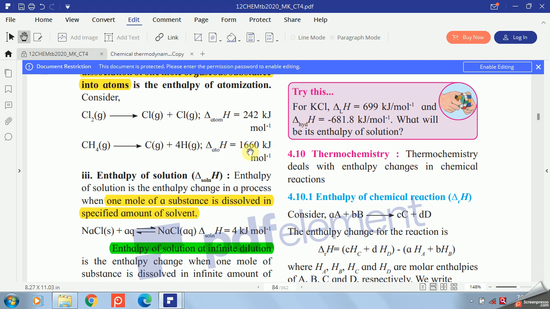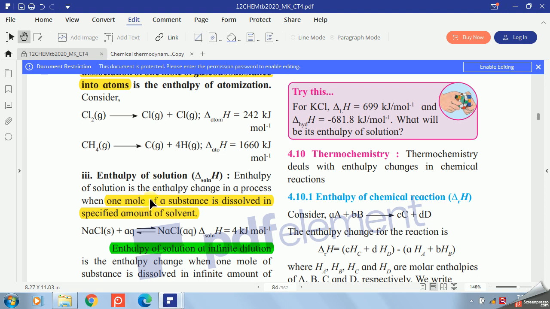Now next is the enthalpy of solution. We can prepare a solution of any substance. Let us suppose we have to prepare a solution of sodium chloride. So we take excess of water and we have to measure how much enthalpy will be required.